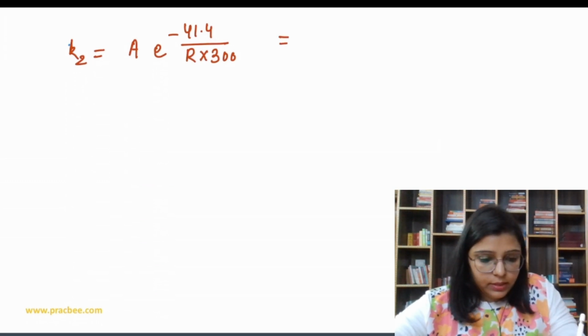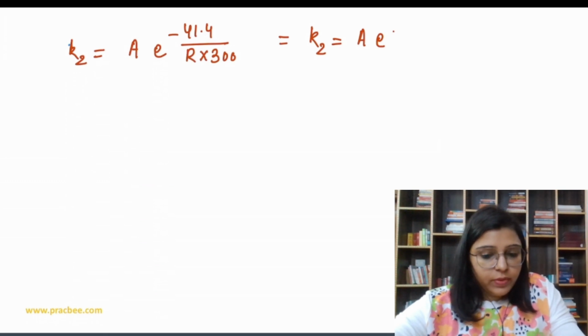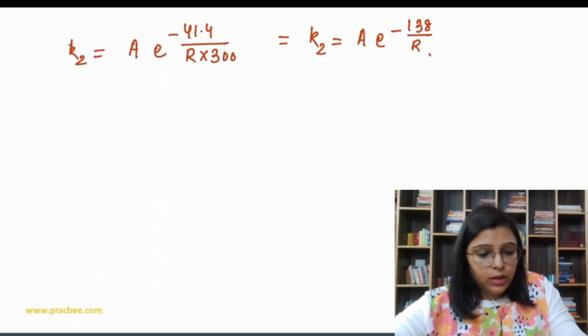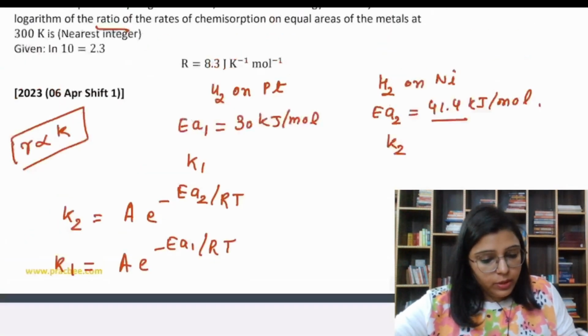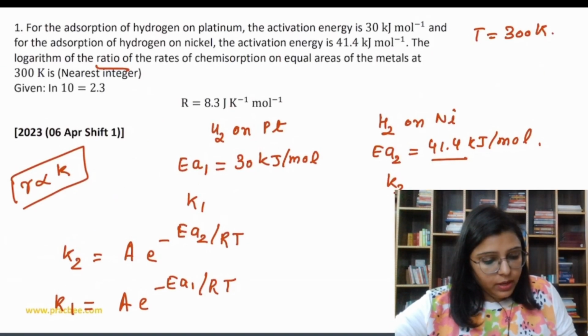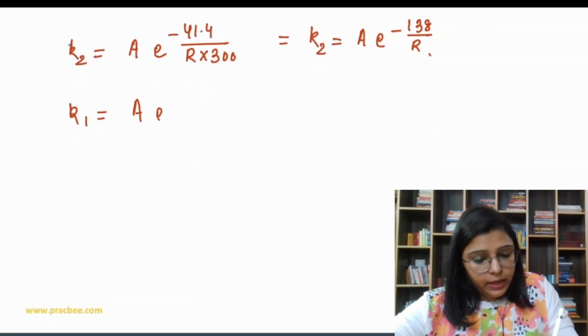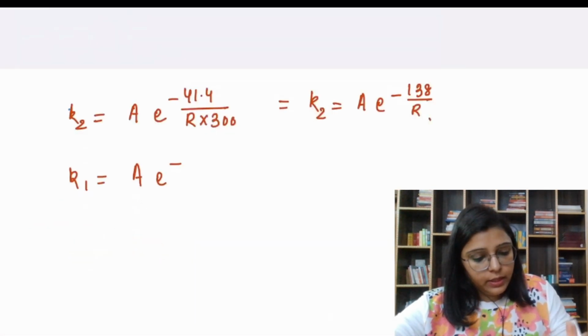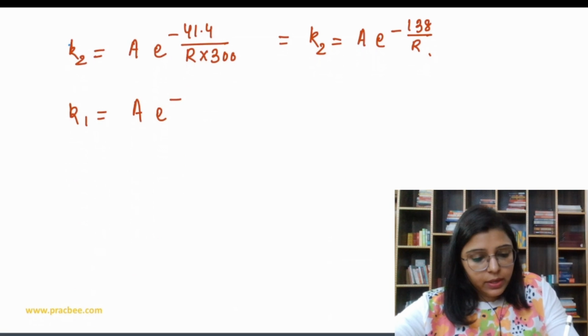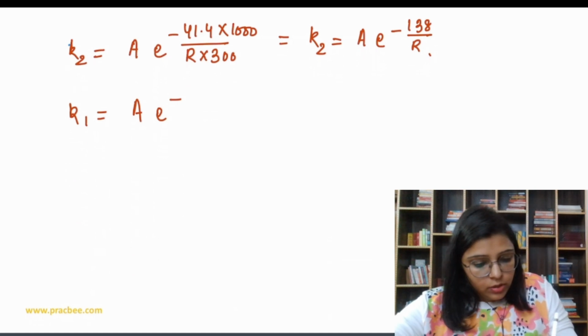On solving this further, we get minus 138 upon R. Similarly, K1 is equal to A e to the power minus 30 kilojoule, so we have to write 1000, 30 into 1000 upon R into 300.